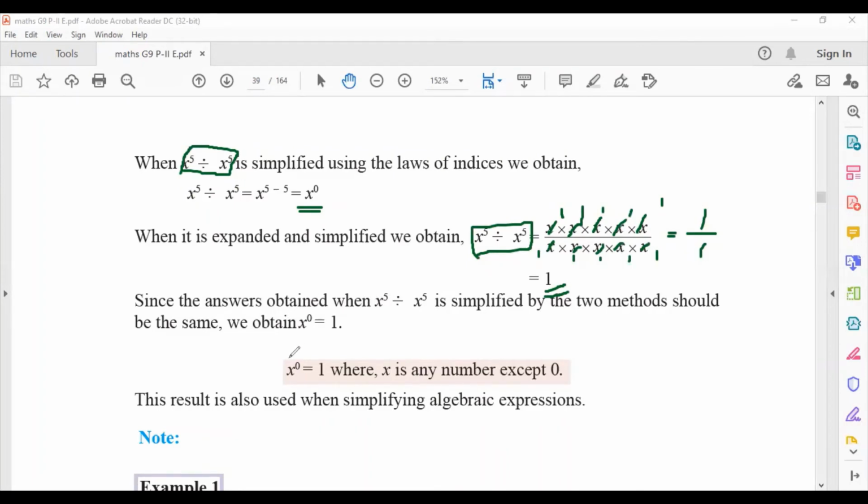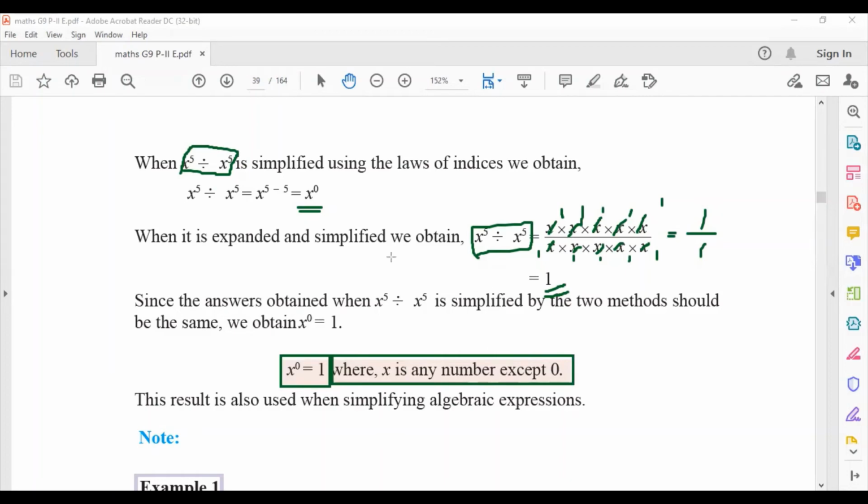That implies that x to the power 0 is equal to 1, where x is any number except 0. X can't be 0 here. That is the condition.